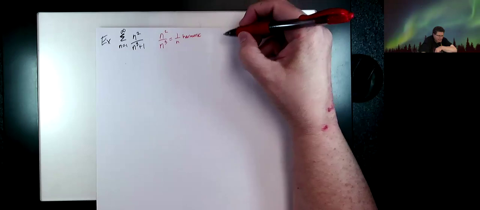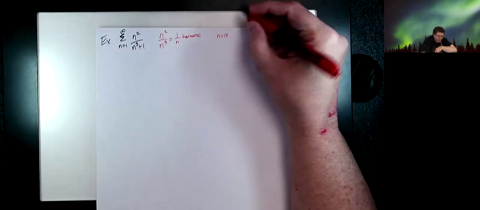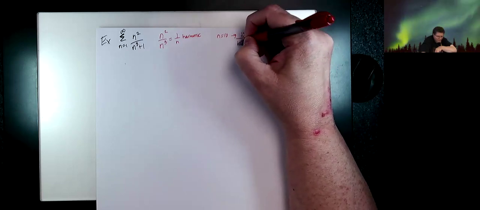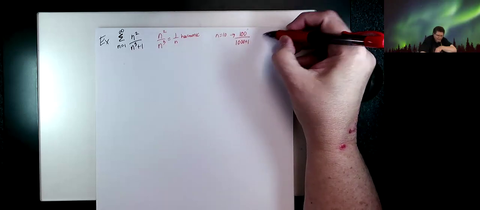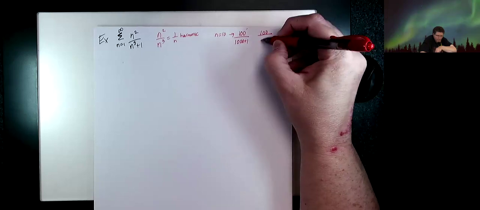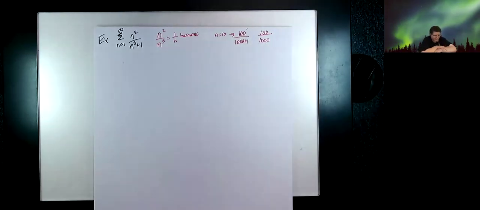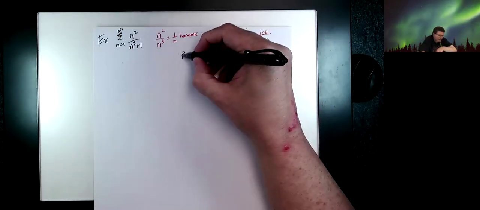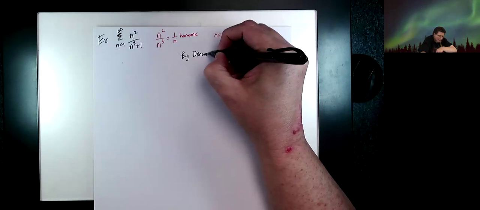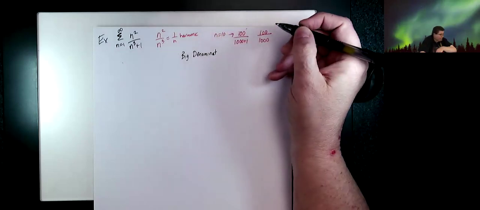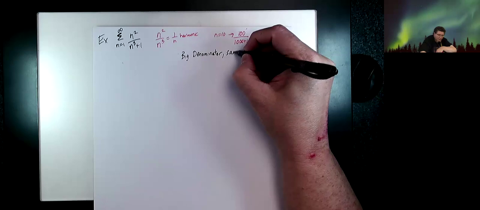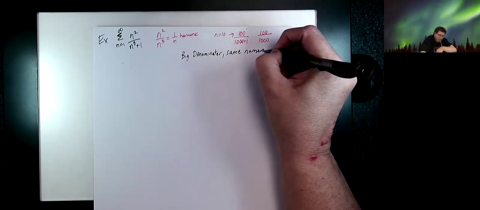But let's say n equals 10. I have 100 over 1,001. And how does that compare to 100 over just 1,000? If the denominator is bigger with an equal numerator, then bigger denominator, same numerator, smaller fraction.